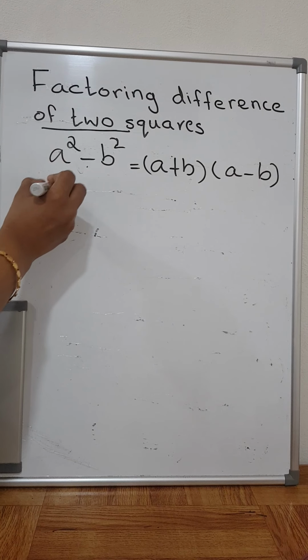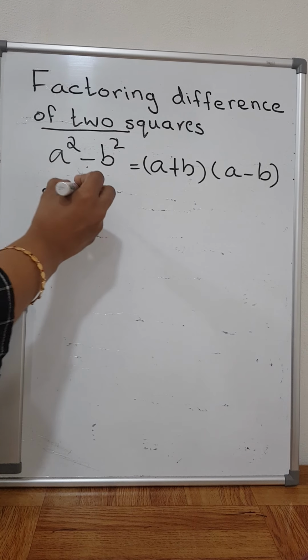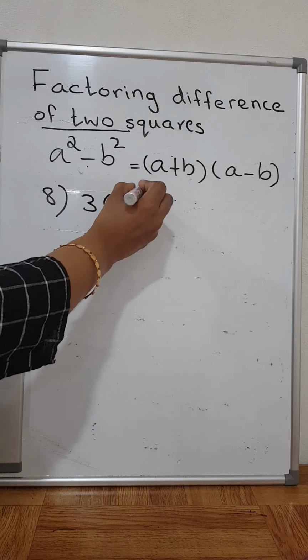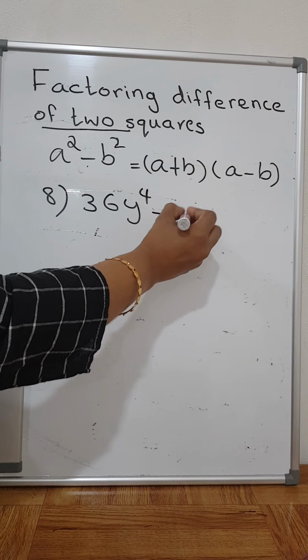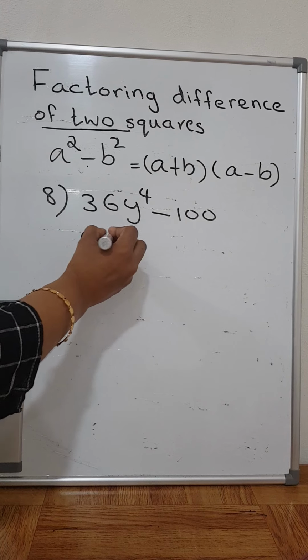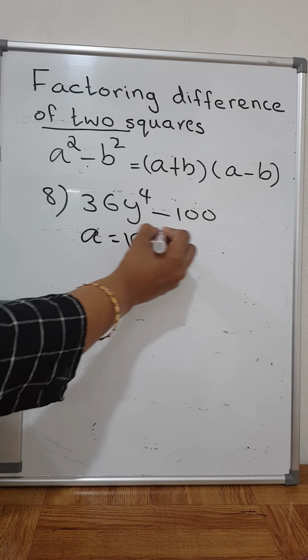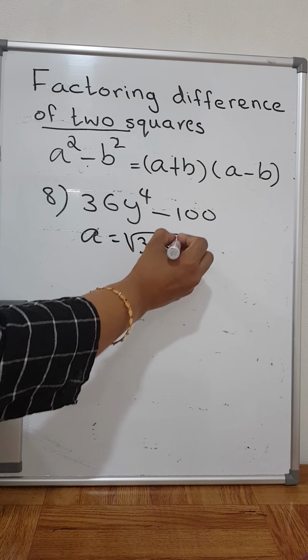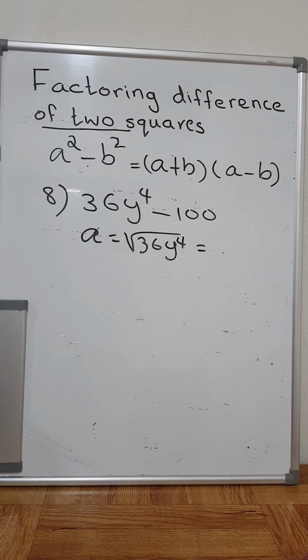Our 8th question, 36y to the power 4 minus 100. So here you see a square is 36y to the power 4. So a is equal to the square root of 36y to the power 4. What is the square root of 36?